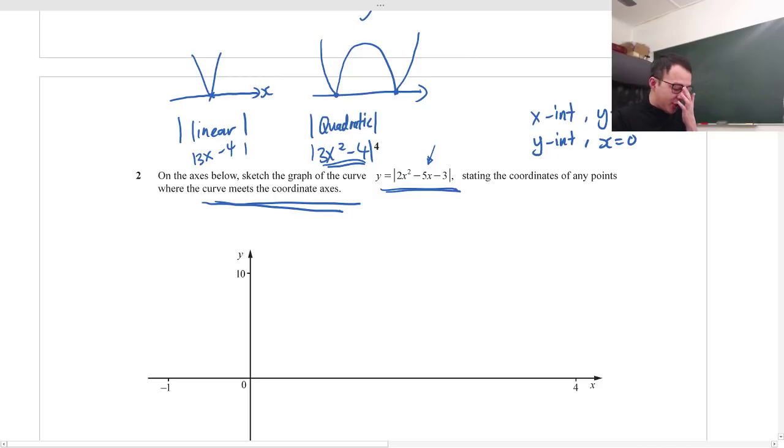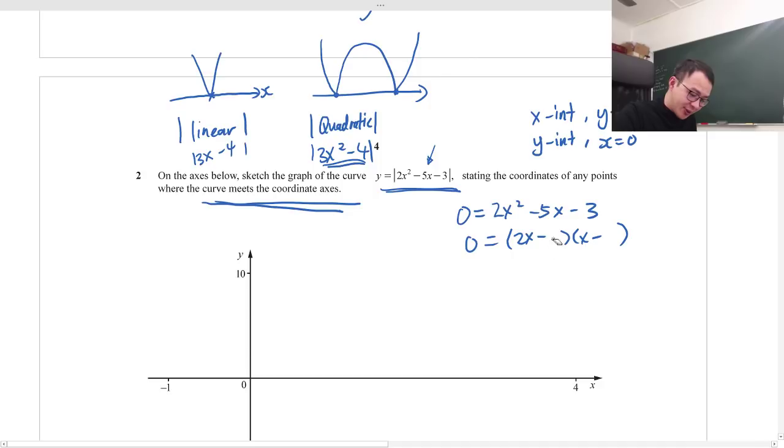So the easiest way is I make y equal to 0 first. Then the modulus, moved to the other side, just becomes 0. So I can just factorize this quickly. This is 2x minus 6, I guess, x plus, let me see. We have 3, right? 3 should be 3 and 1, minus plus. So x is negative 1 over 2 and x equals 3.